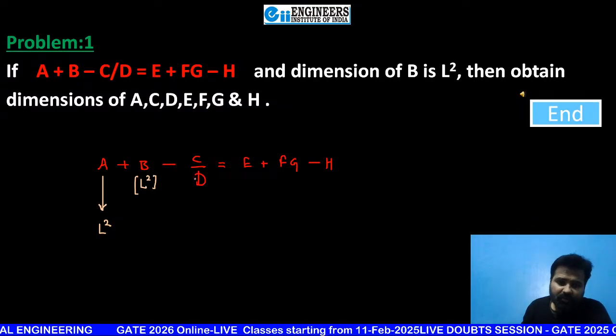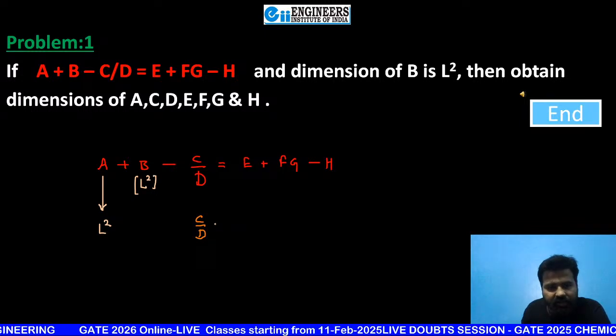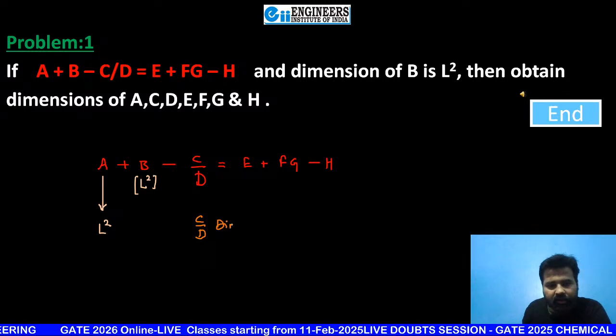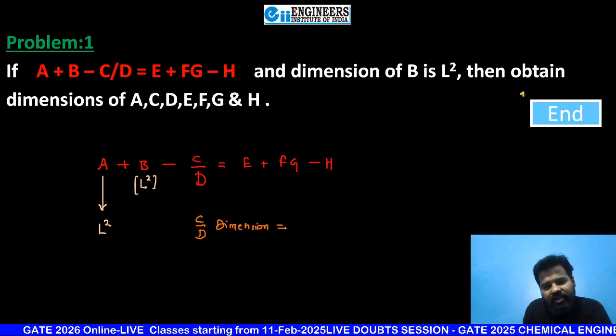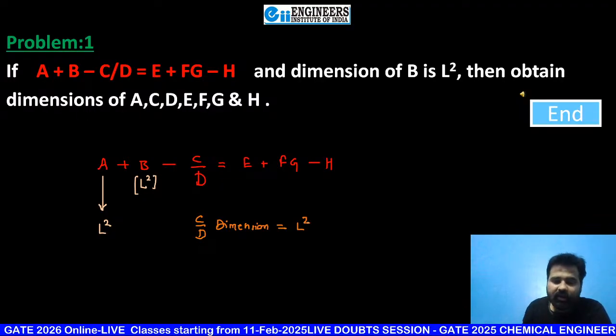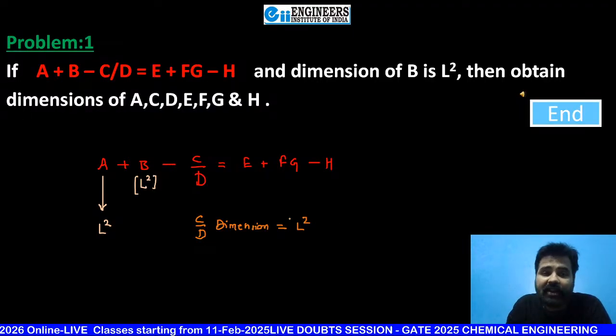Now what is the dimension of C by D? This whole dimension is L square, because you are subtracting C by D from B.